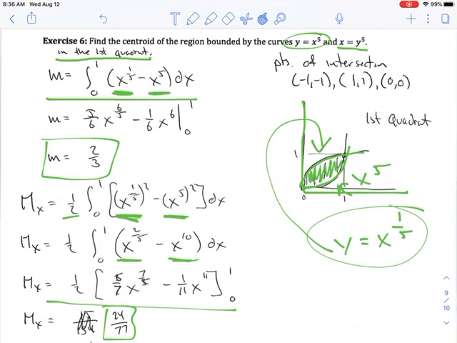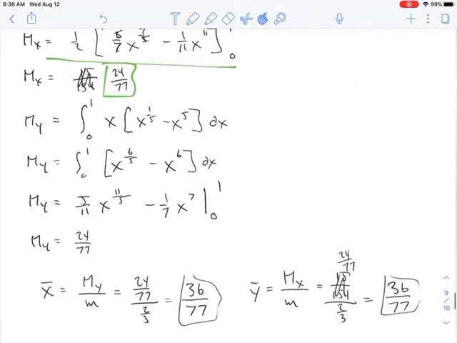And then finally, the total moment about the y-axis is x times the top function minus the bottom function. And so x to the 1/5 times x is x to the 6/5. X to the 5th times x is x to the 6th.